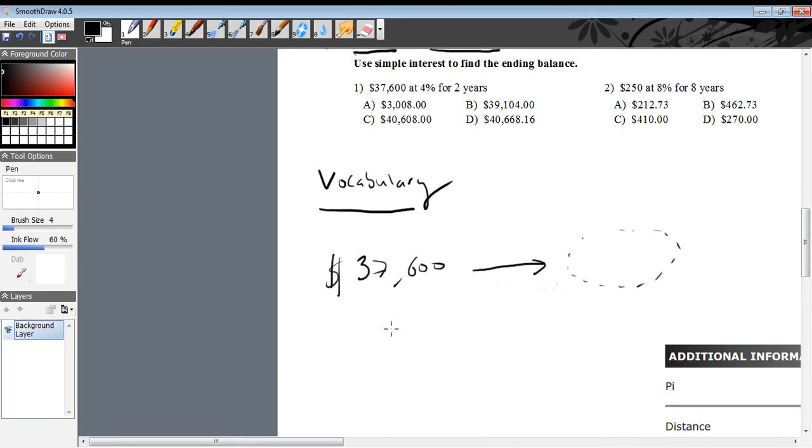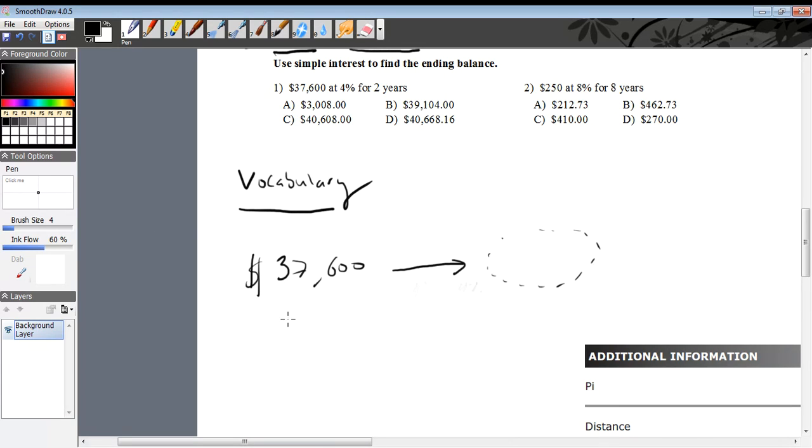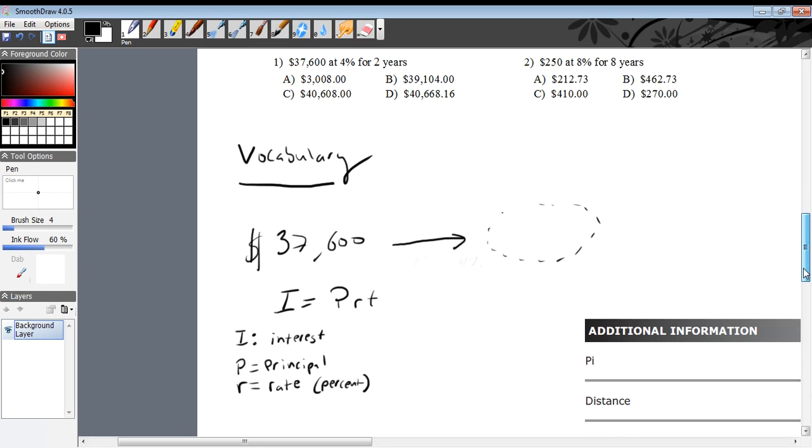I is equal to P times R times T. Now the vocabulary: I represents the interest. The P represents the principal. The R represents the rate, which is the percent change, rate of change. And then the T represents the time.